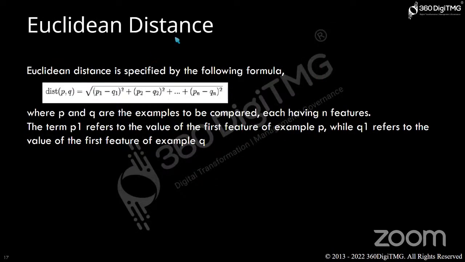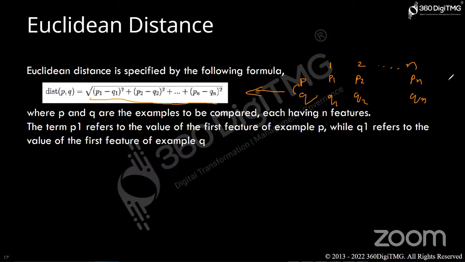It is given by this formula. If we have two data points, suppose a P point and a Q point, and each has some values for each variable, 1 to n. So P1, Q1, P2, Q2, like this up to Pn, Qn. The distance formula between P and Q is given by this, where P and Q are the examples to be compared, each having n features.